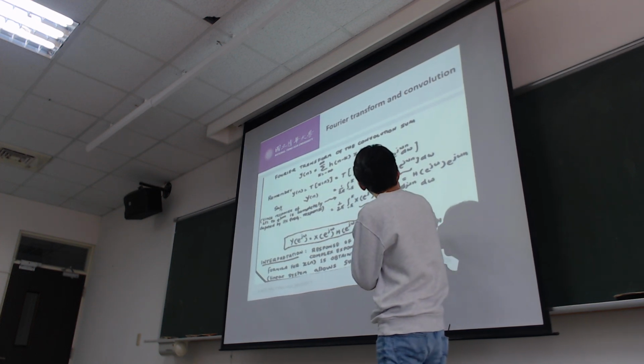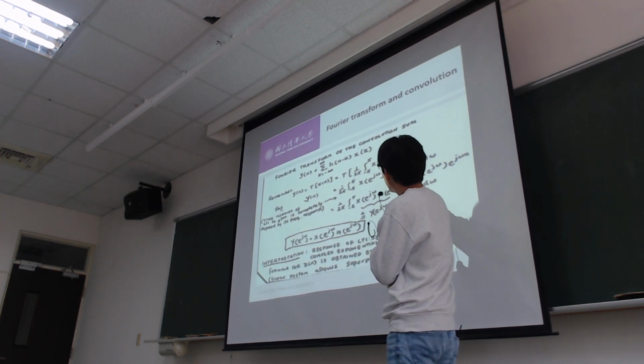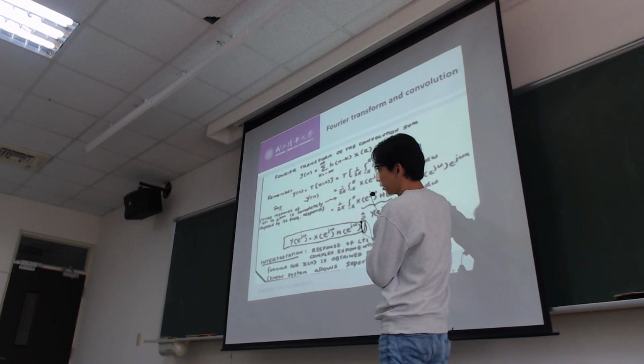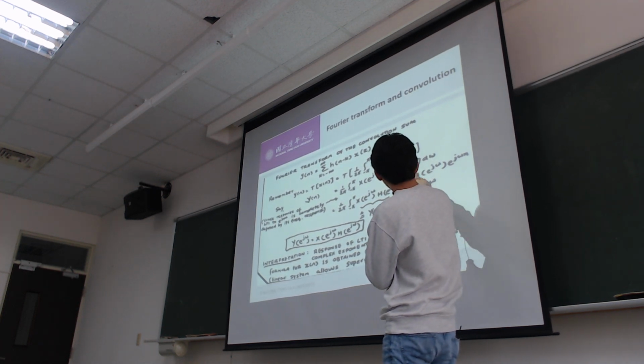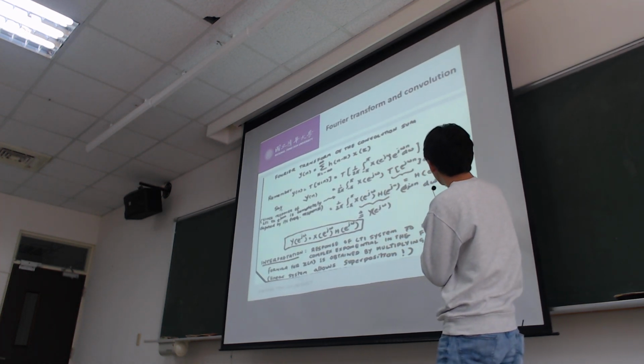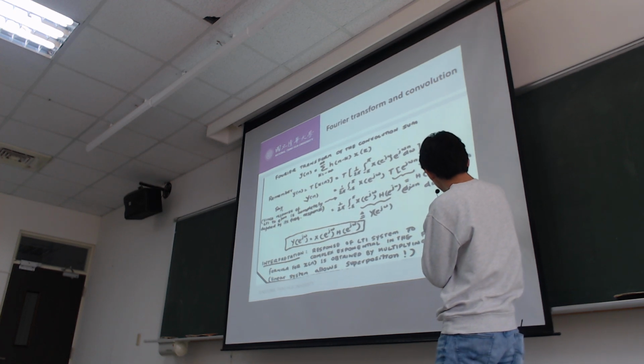Now we can rewrite this as a transformation on this particular signal, e to the j omega n. Rewriting everything: 1 over 2 pi, integral from minus pi to pi of X of e to the j omega times H of e to the j omega.